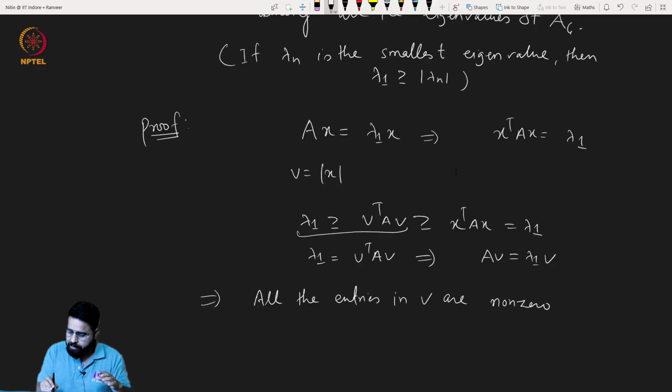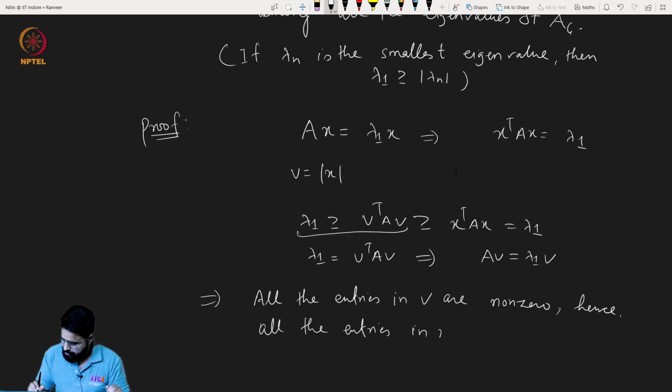In fact, here they are positive because we have taken modulus. So all the entries in x are non-zero. Very simple.